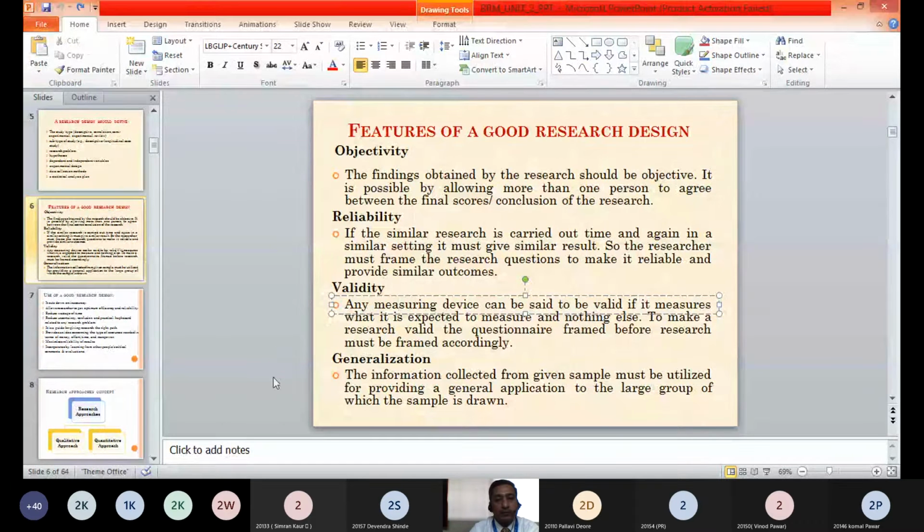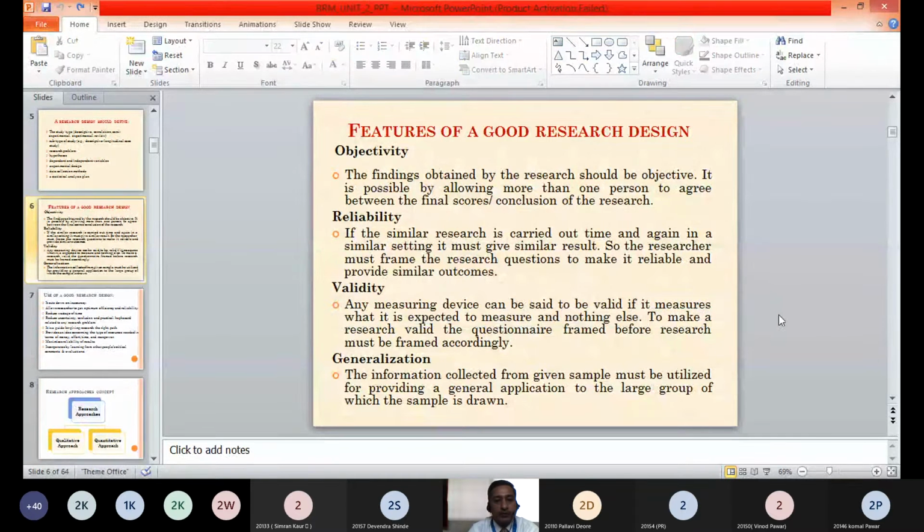Okay. So see, validity means, first we'll see the definition. Any measuring device can be said to be valid if it measures what it is expected to measure and nothing else.